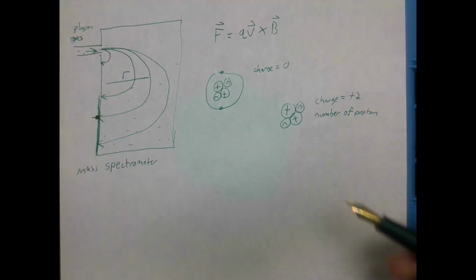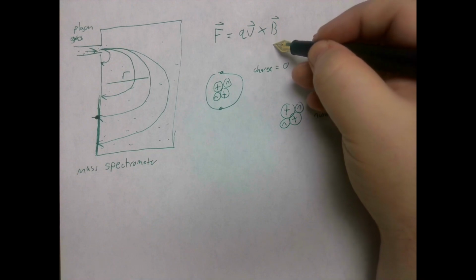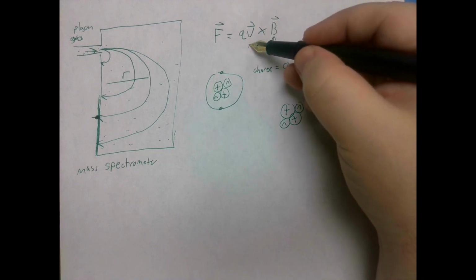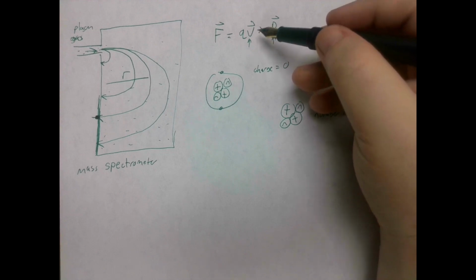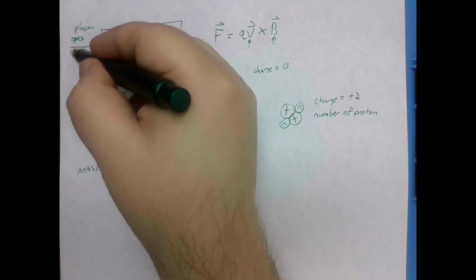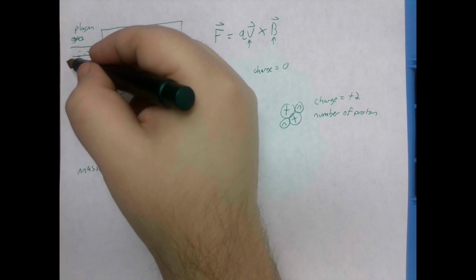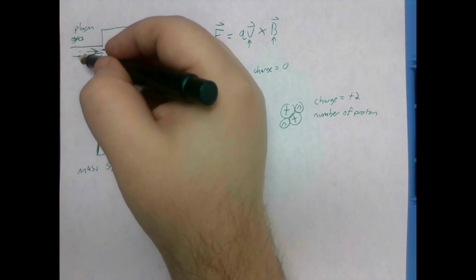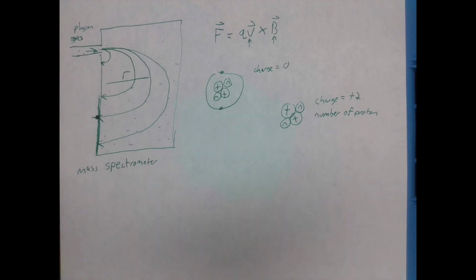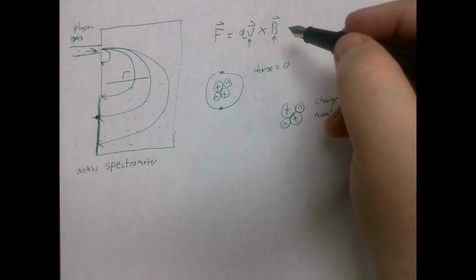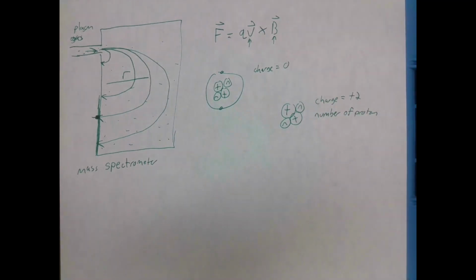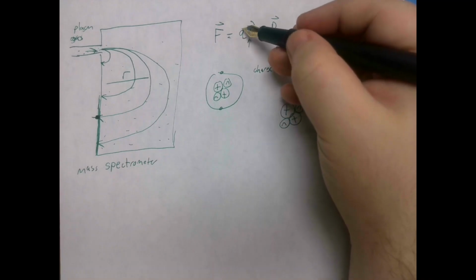All we have to do is very precisely control the magnetic field and very precisely control the velocity. Velocity is very easy. We basically have a plasma. We can have a fan blowing it and keeping it at a certain speed. We can regulate how fast air blows, or plasma blows. And we can very, very carefully regulate the magnetic field too. And thus, the only thing that changes is this Q value.